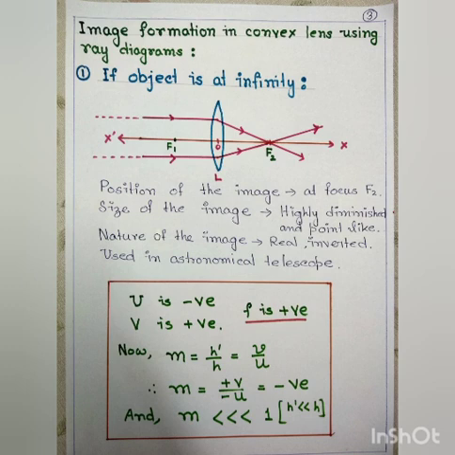Now to draw the diagram, one thing you have to remember: the distance of F1 or F2 on either side of the lens will be the same from the optical center of the lens. If you are taking the distance OF1 as 3 cm, the length OF2 will also be 3 cm.